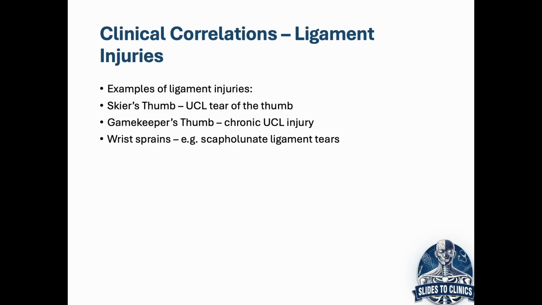Now, when this ligament ruptures, there will be what we term an instability in the wrist, which in many cases is very difficult to diagnose and also difficult to manage. But stay tuned for the subsequent presentations where we'll talk more about the different types of ligaments in the wrist.